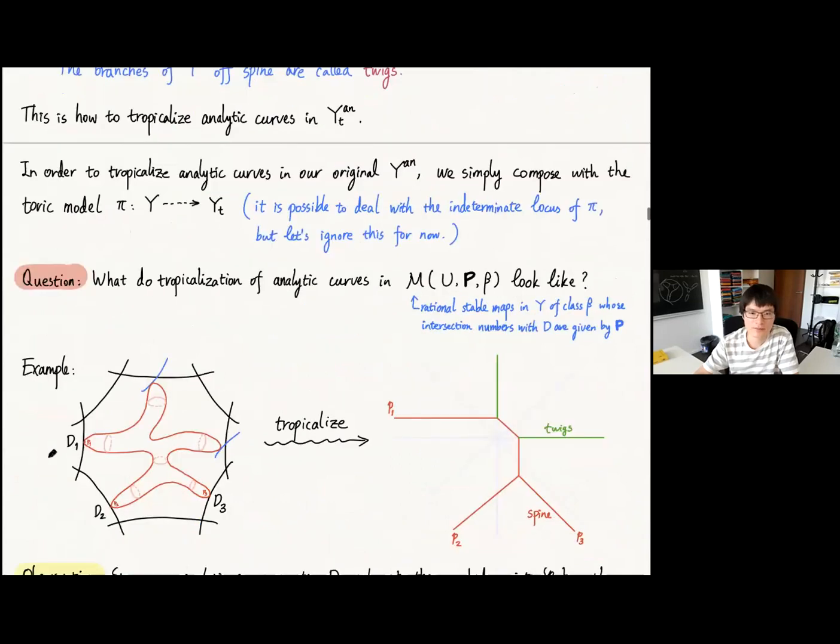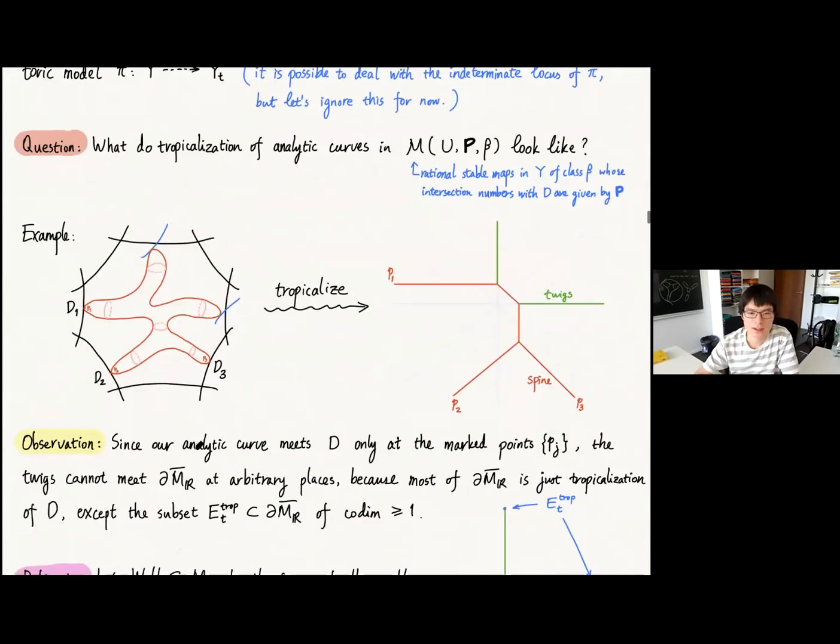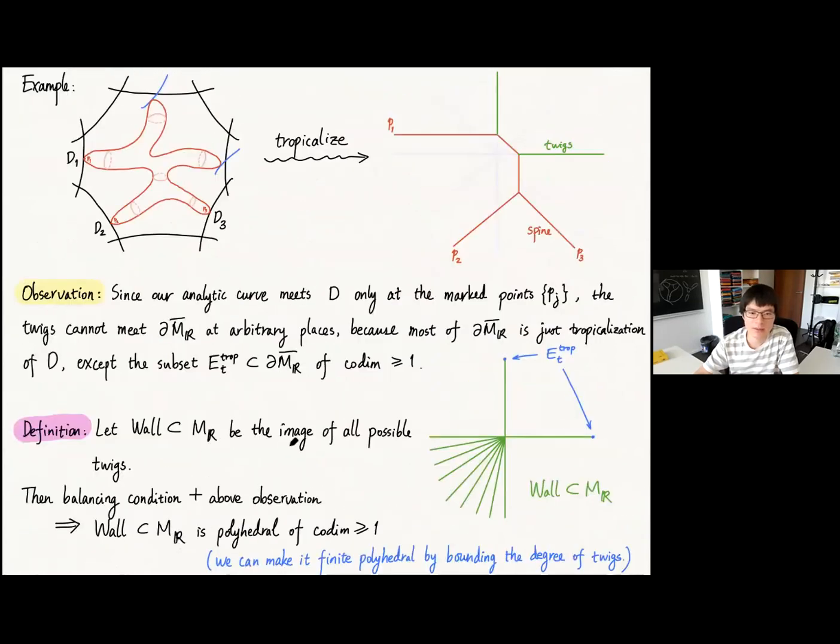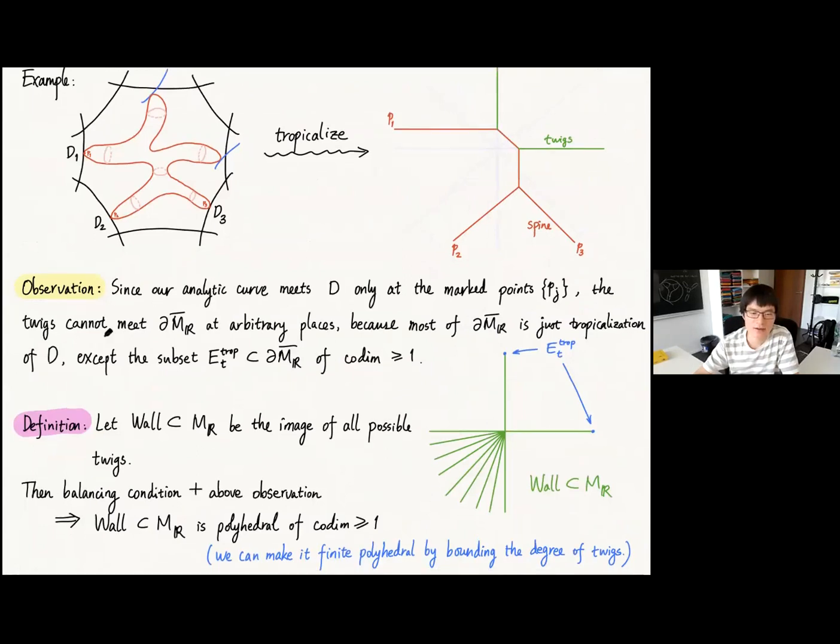So, definition: let wall inside MR be the image of all possible twigs. Then, by the balancing condition, together with the above observation, we see that the subset wall in MR is polyhedral of codimension greater or equal to 1. And we can make it finite polyhedral by bounding the degree of twigs.